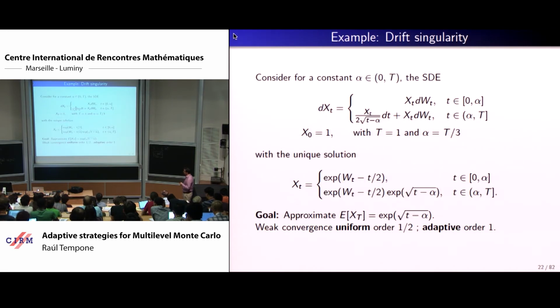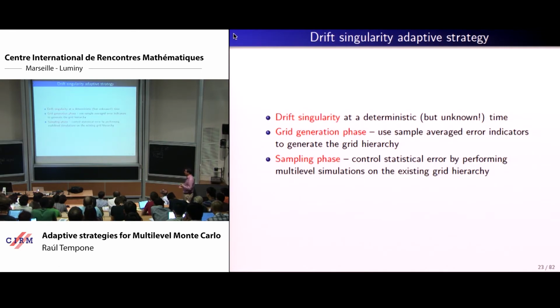But again, like I told you before, this is a sort of deterministic type of singularity. So in this case, it doesn't pay too much to let delta W depend on omega. Delta W is non-uniform, but it really doesn't depend on omega. So you can split the construction here in a first phase where you actually find all these meshes that you're going to use in all the levels, and then you just run in the second phase multilevel Monte Carlo, increasing the number of samples that you need on each level until you hit the variance constraint.